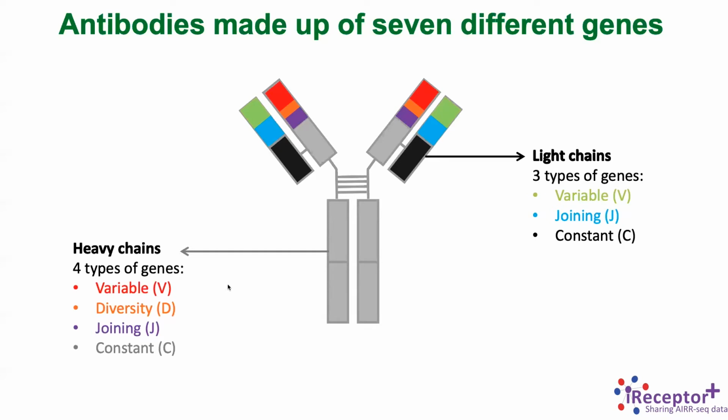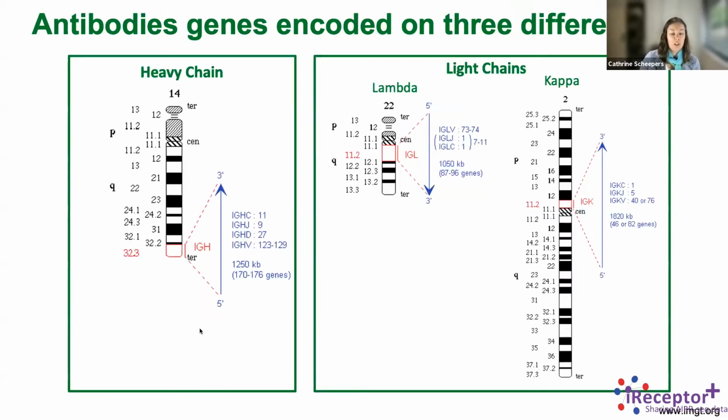Each of these genes has numerous versions, housed on 3 different loci in the human genome. All of the heavy chain antibody genes are found on chromosome 14, and there are 2 different light chains, lambda and kappa, each on different chromosomes.